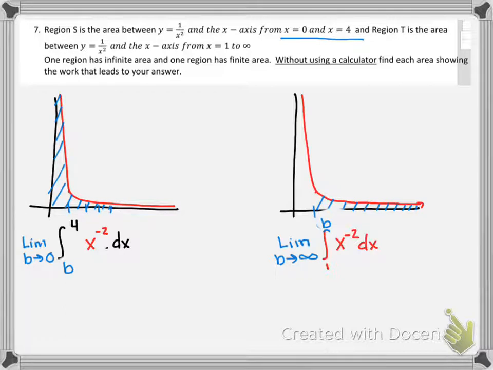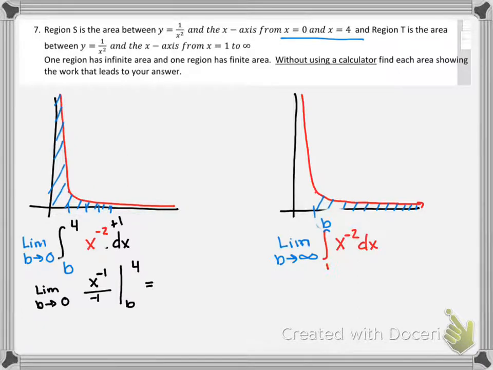This first one, as we find the antiderivative of x to the negative 2, of course we'll add 1. So we'll have x to the negative 1 divided by negative 1, evaluated from b to 4. The limit as b approaches 0.